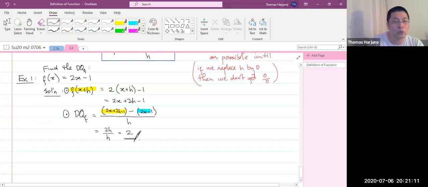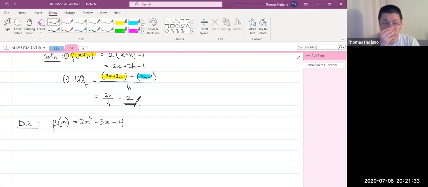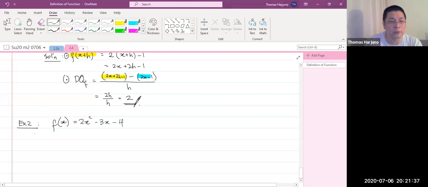Suppose I do a quadratic function, let's say. For example, f(x) equals 2x squared minus 3x minus 4. I randomly pick a function, by the way, a quadratic function. Then find the difference quotient.